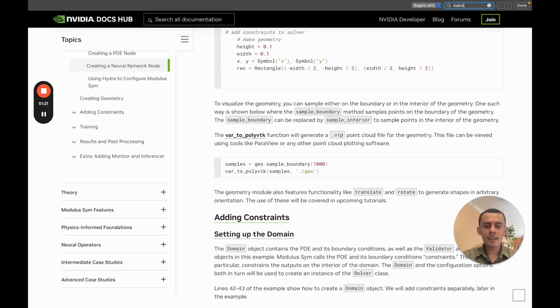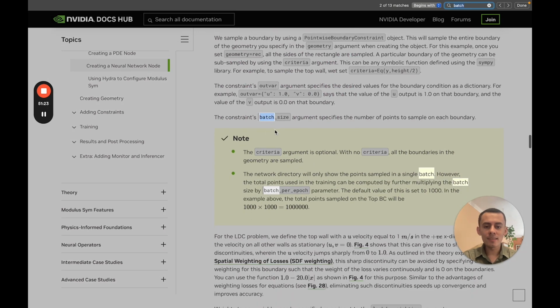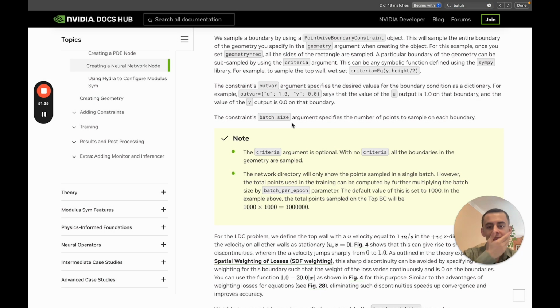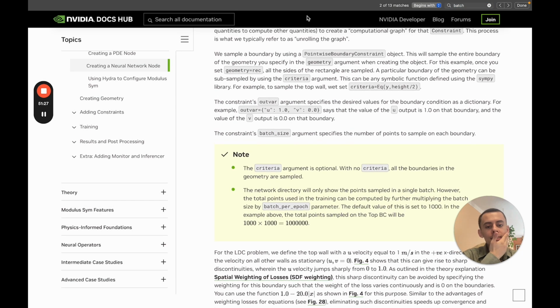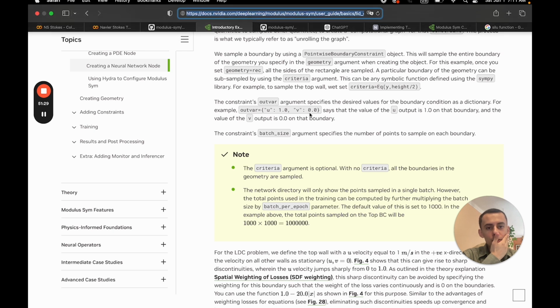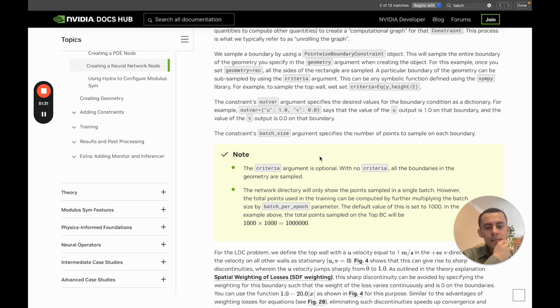The constraint batch size here in the introductory sample, of course. The constraint batch size argument specifies the number of points to sample on each boundary. Okay, cool. So we have a boundary and we're going to sample a number of points there. 1000.